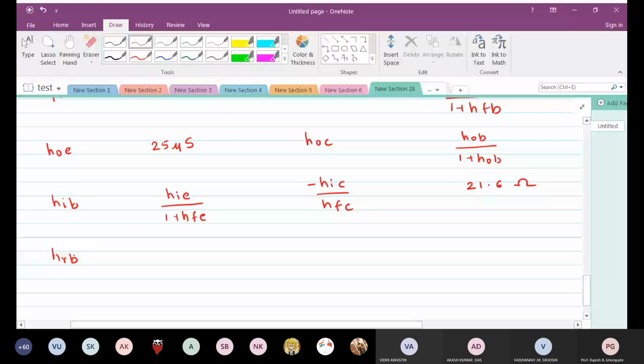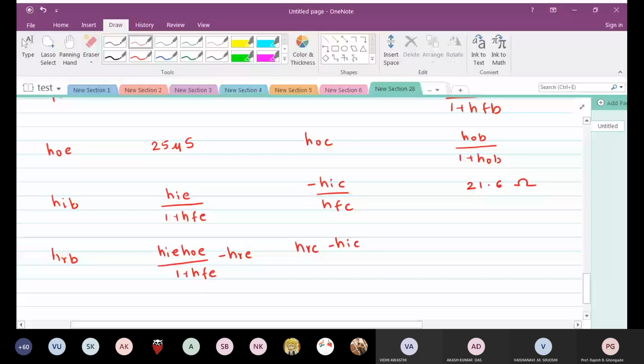HRB, here you have some hefty equation: HIE into HOE divided by 1 plus HFE, minus HRE. Again, don't be afraid of these equations. This is HRC minus HRE.